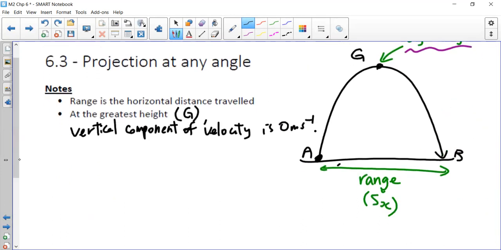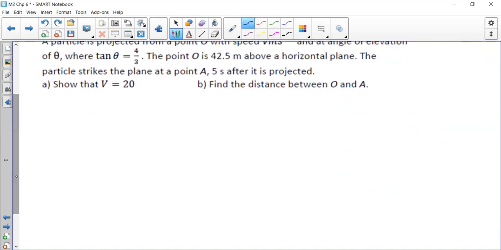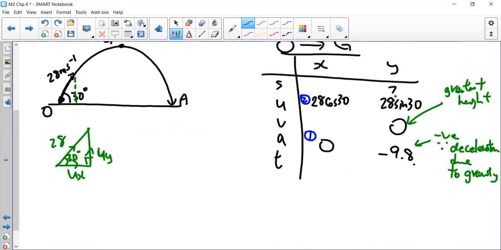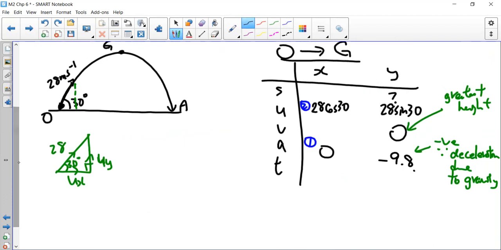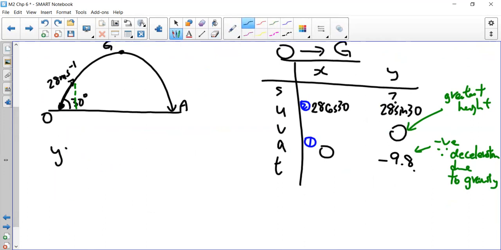In this diagram, and in the previous diagram from notes, you can do this as well if you want to. So we want to find SY. So we're going to use the Y column of the SUVA.